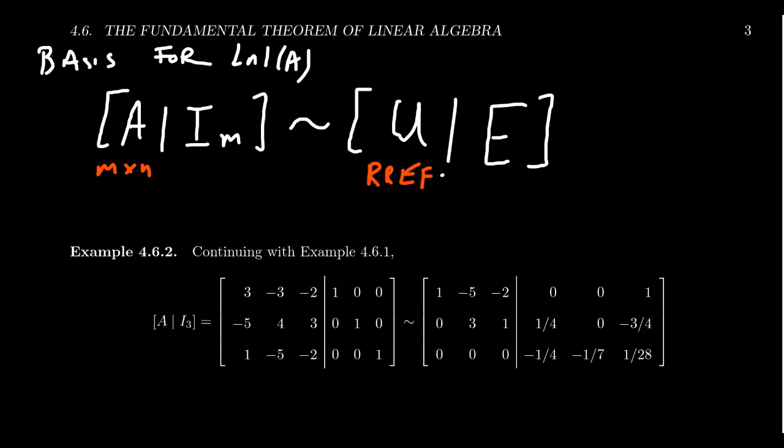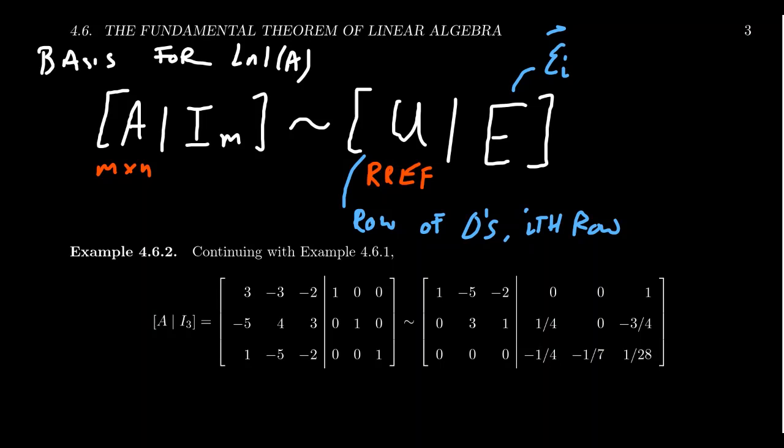Now, suppose that the matrix U had a row of zeros, and let's say that this is, in fact, the ith row. We're going to let epsilon i be the ith row of E.